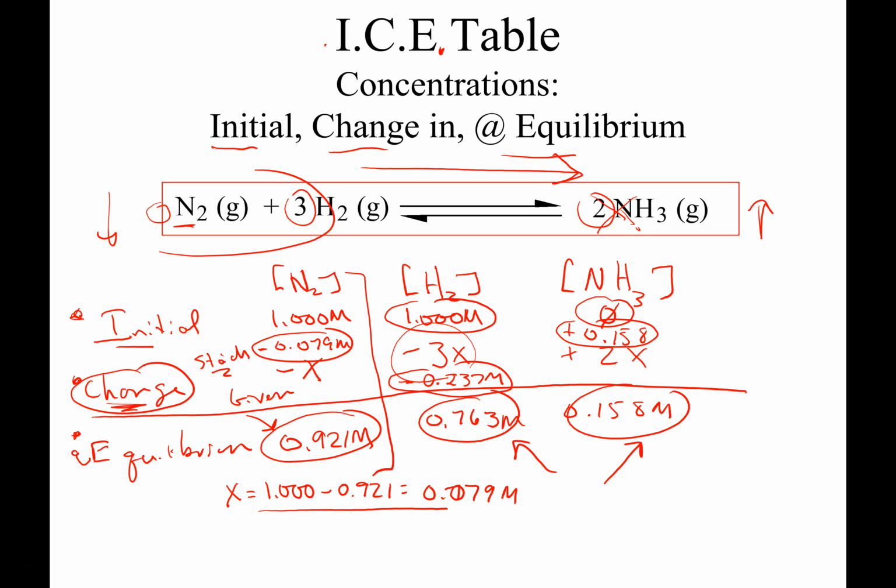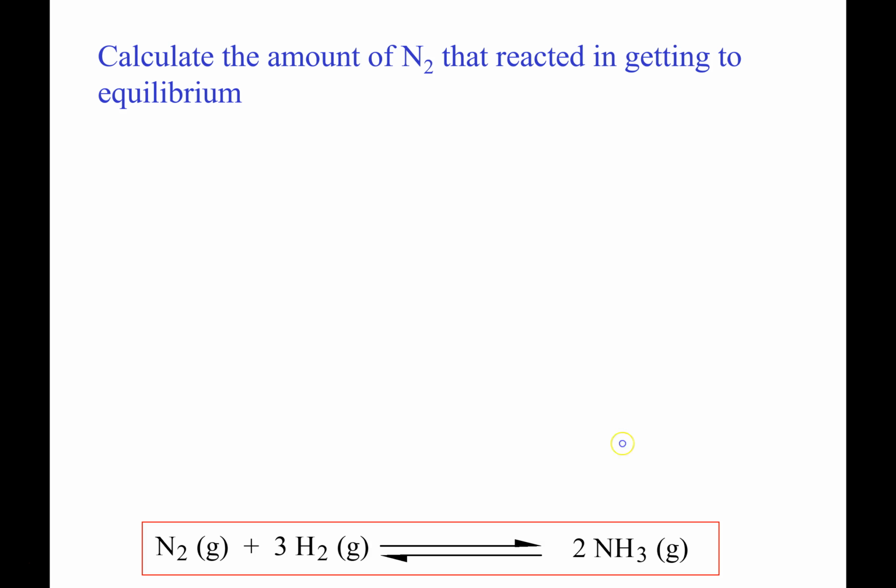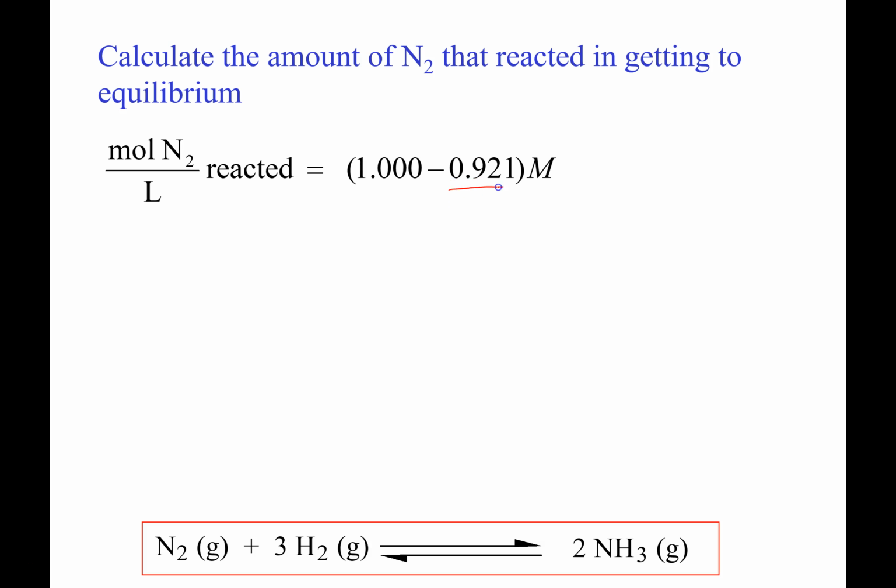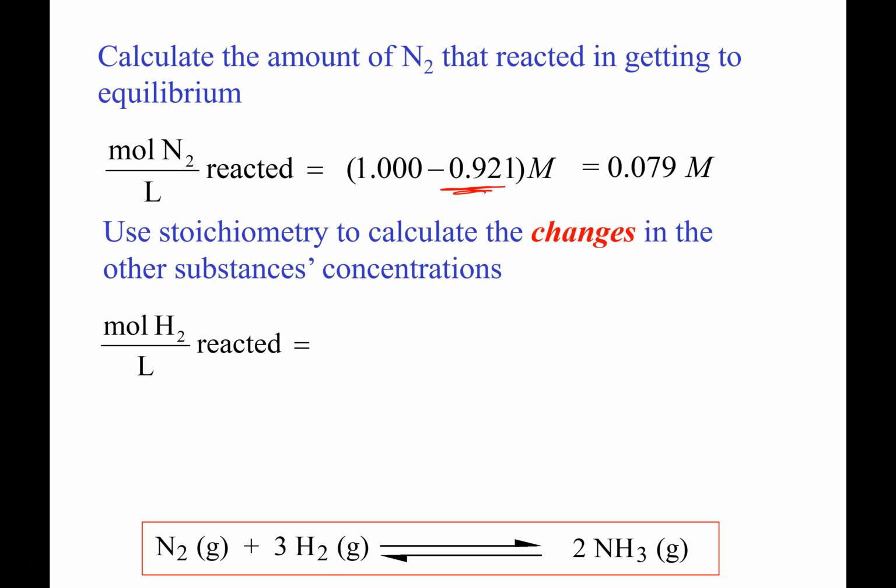You wouldn't have to use an ICE table for this one. We are going to have to use ICE tables, I believe, later. So here I do the same thing, kind of longhand. I say that this was your equilibrium concentration of your N2, so your change must have been 0.079. We can use stoichiometry to calculate the changes in the H2.